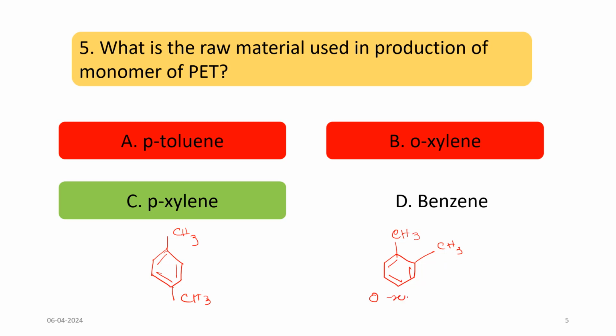Okay, this is orthoxylene and this is metaxylene. So these are the different types of xylene, but in the case of polyethylene terephthalate production, we use para-xylene. Okay, p-xylene.